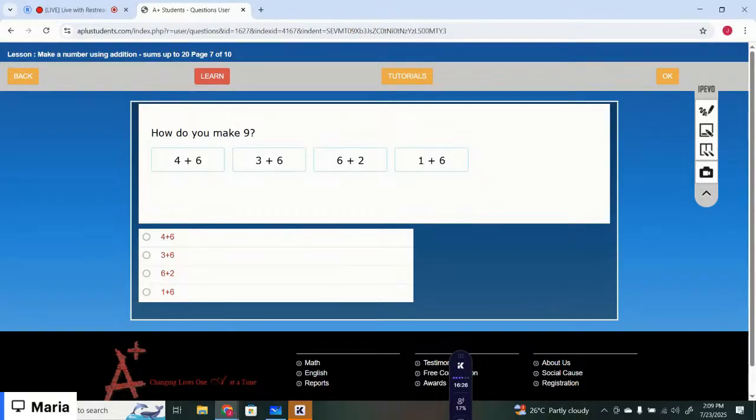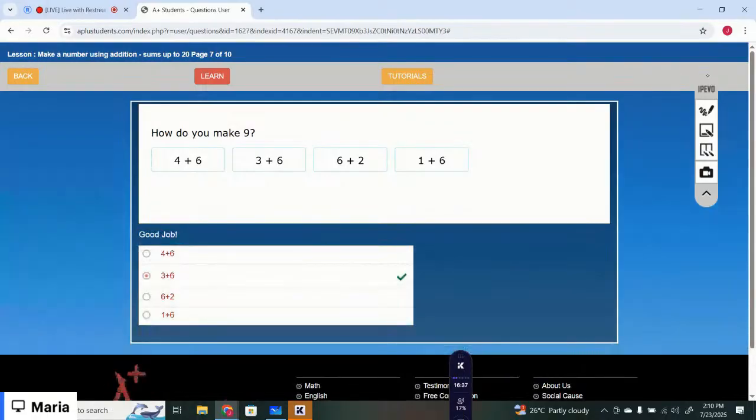How do you make 9? That is 3 plus 6. Option number 2 is the correct option.